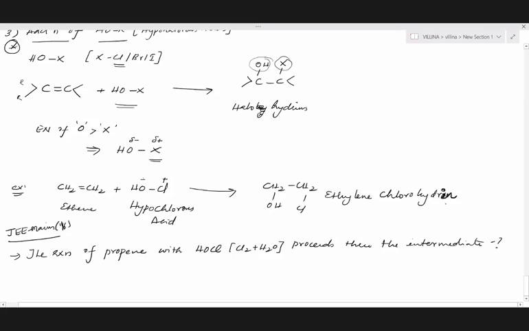OH and Cl. OH will have the negative charge, Cl will have the positive charge. Now, with the shifting of this pi electron cloud, in the first step, it will happen like this.